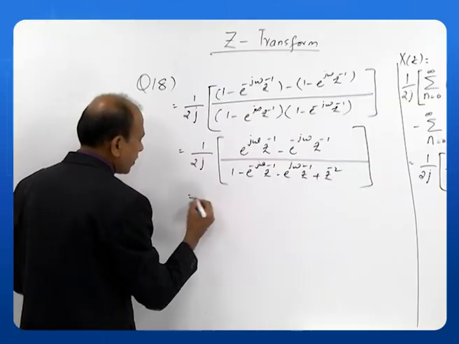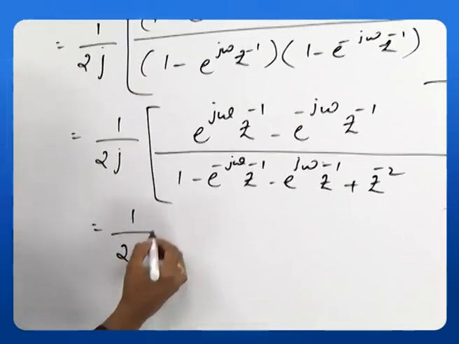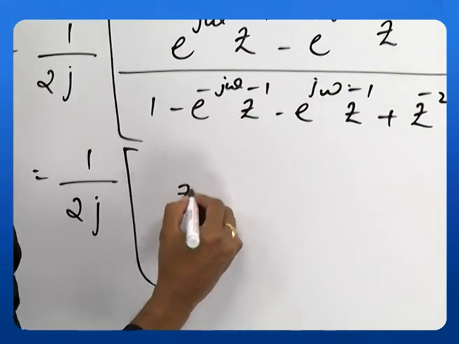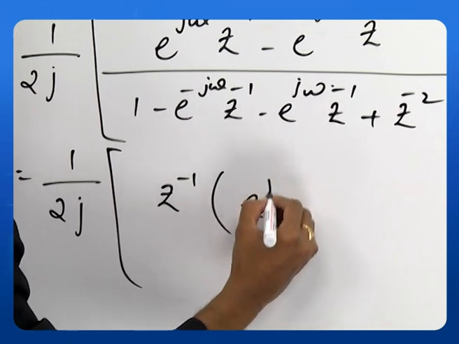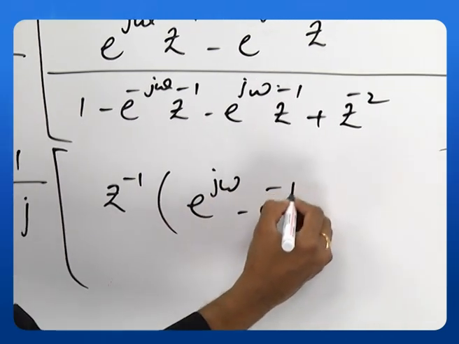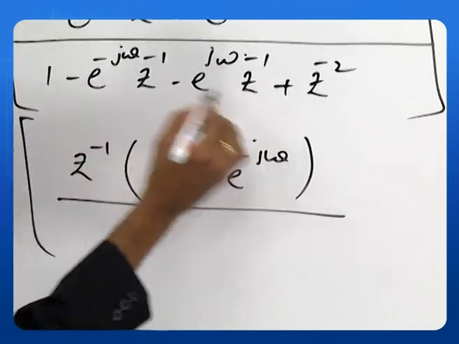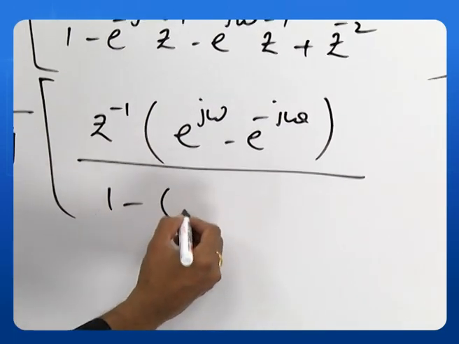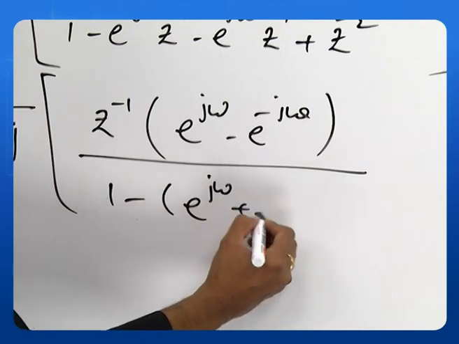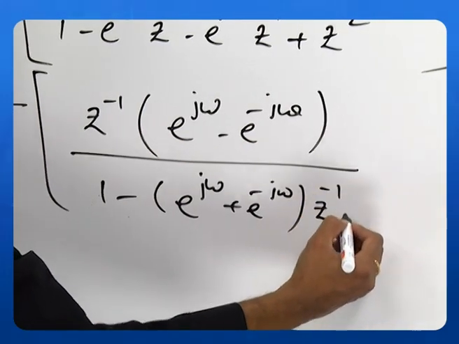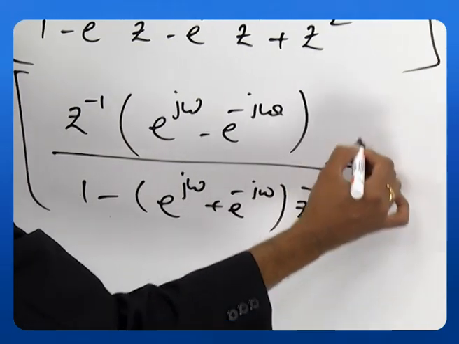To simplify this further, this will become 1 by 2j. I can take z^{-1} common here. This will be e^{jω} minus e^{-jω}, over 1 minus (e^{jω} plus e^{-jω}) z^{-1} plus z^{-2}.